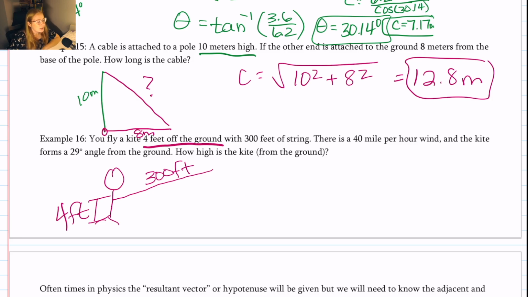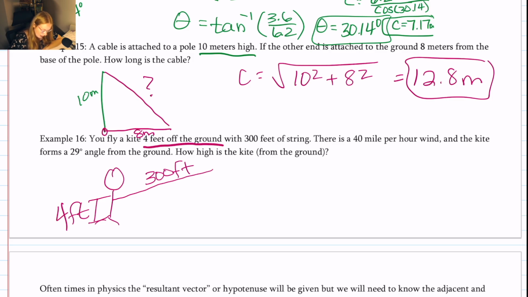I don't think that that information is relevant to the problem. I mean, with a 40-mile-per-hour wind, you do have to have wind to fly a kite, so I guess it's relevant in the fact that it's just making sure you know the kite is flying, there is wind to kick it off the ground. But 40 miles per hour has nothing to do with the length of the string or the footage off the ground.